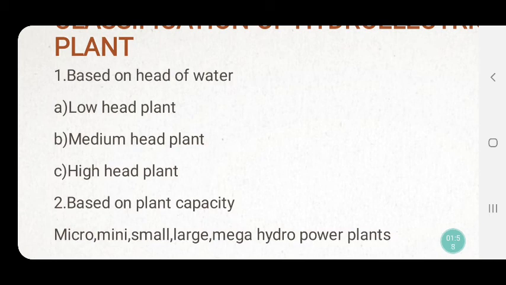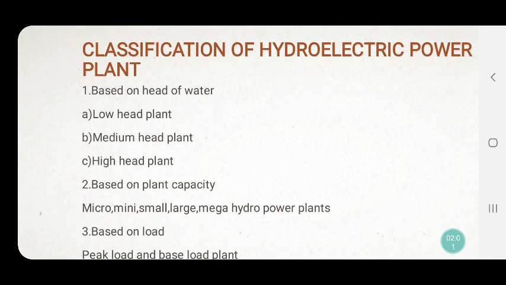It means the height of the water which we have stored, the height of the dam, is less than 50 meter in a low head plant. In a medium head plant, the level of head is more than 50 meter and less than 500 meter.